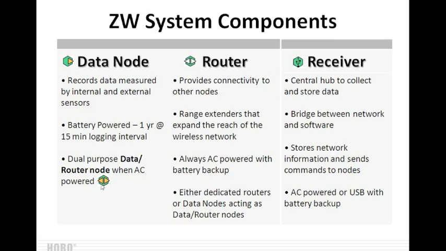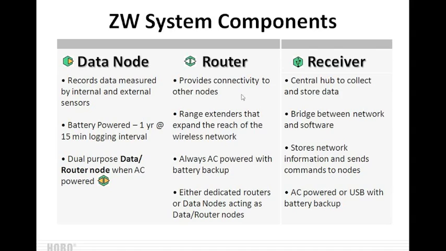When you see a hexagon with two orange triangles pointing out of it, that symbolizes a dual-purpose data node that's also being used in router mode. The way that you achieve that kind of component is simply by taking a data node and providing it with AC power. And I'm going to talk more about why you might want to do that as we move through the next couple of slides.